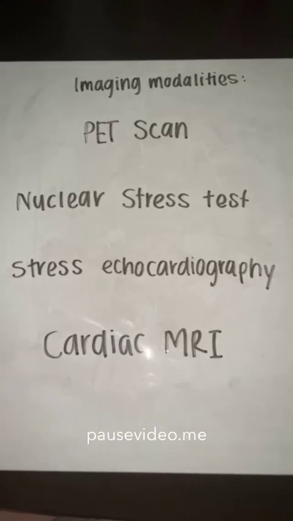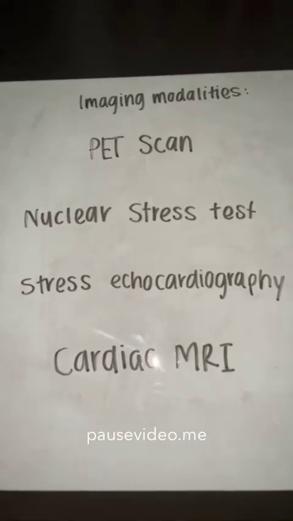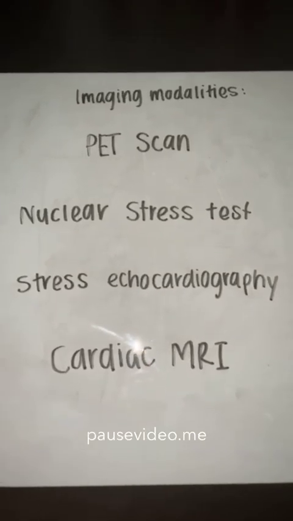The MRI can also detect if muscle is alive or dead. Using the MRI, it will show either white or black, depending on how those different parts of the heart look, based on your heart attack, based on your CAD, based on anything.